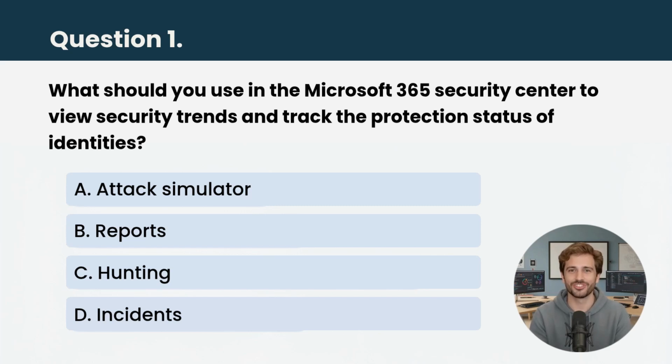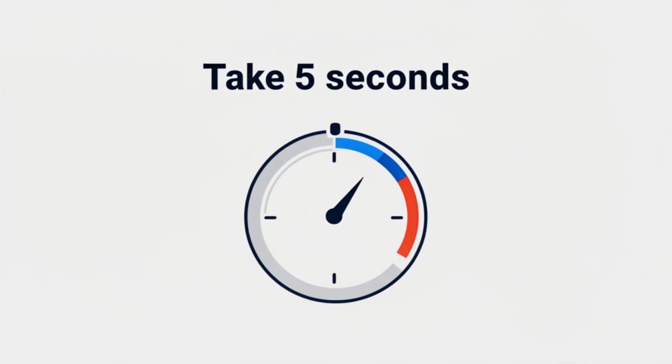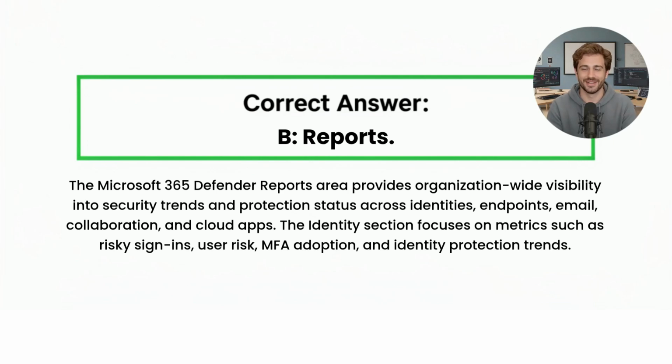What should you use in the Microsoft 365 Security Center to view security trends and track the protection status of identities? A. Attack simulator. B. Reports. C. Hunting. D. Incidents. Take 5 seconds before answering. The correct answer is B. Reports. Explanation.